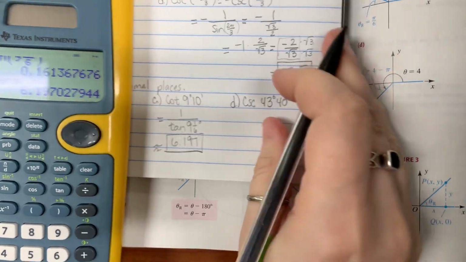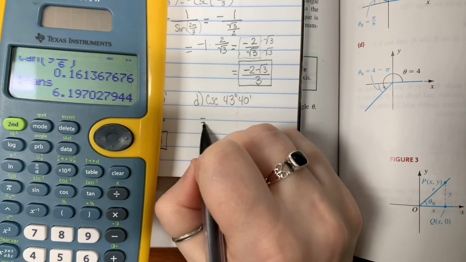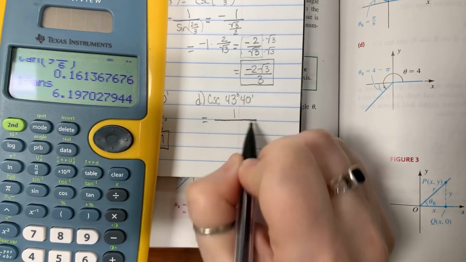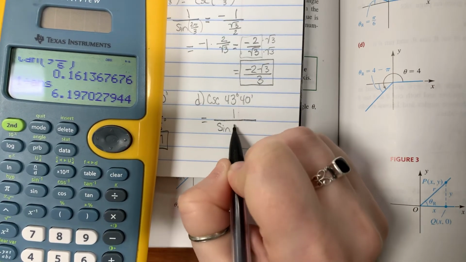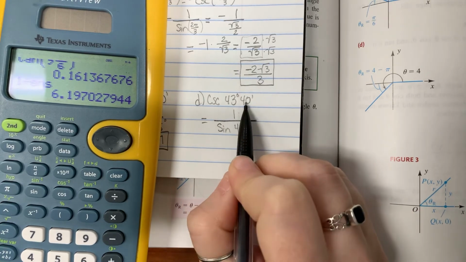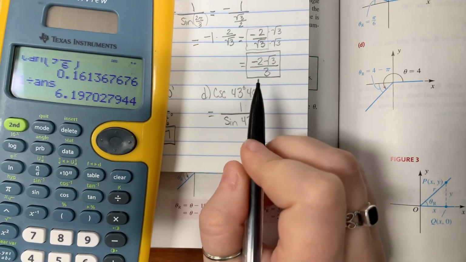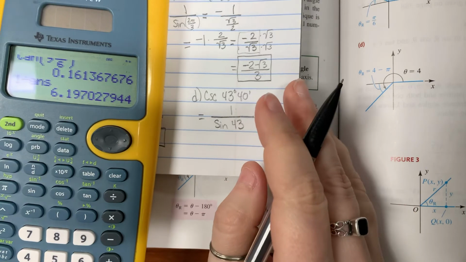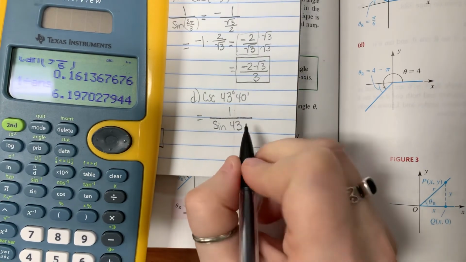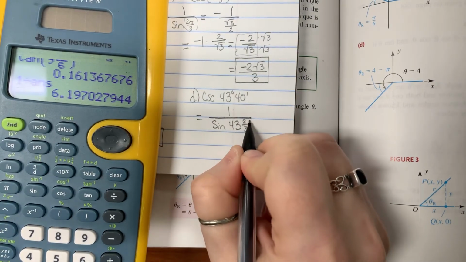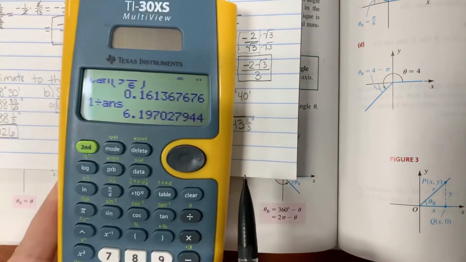All right, cosecant, same situation where that's really the same thing as 1 over sine. And this is 43 and 40 over 60. 40 over 60 is the same thing as 4 over 6, or 2/3 degrees. So I'm going to do the same thing I did on that last one.